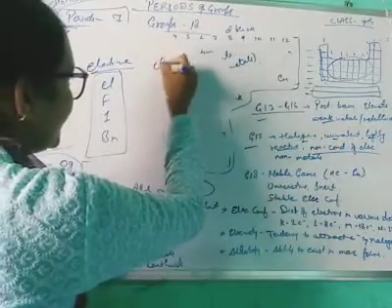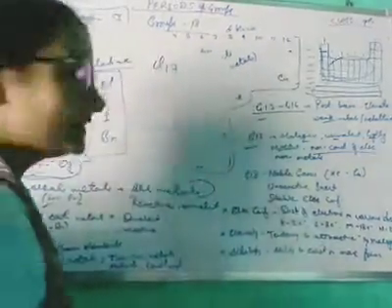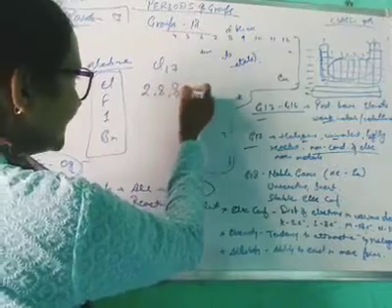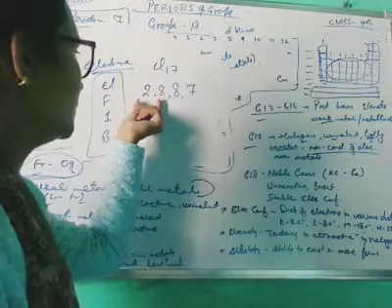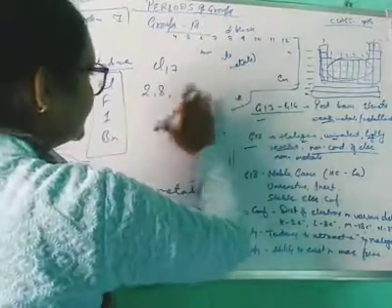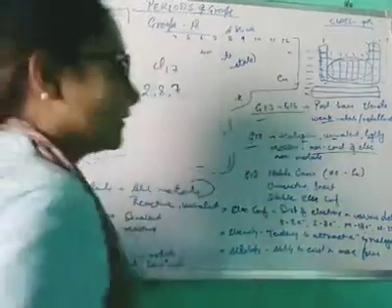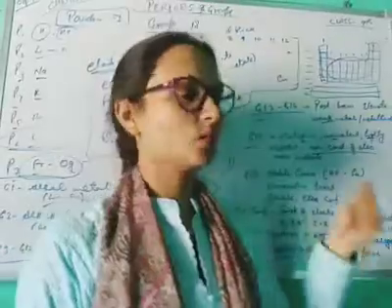For example, chlorine has atomic number 17, so its electronic configuration will be 2, 8, 7. For chlorine to get stabilized, it will take 1 electron.